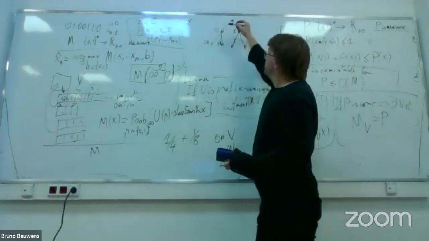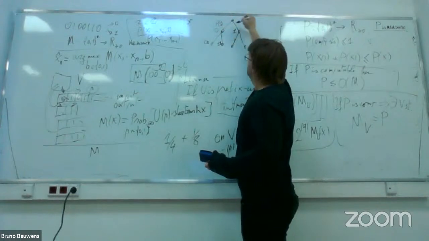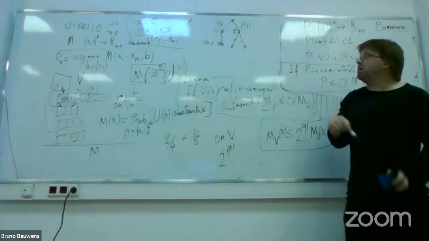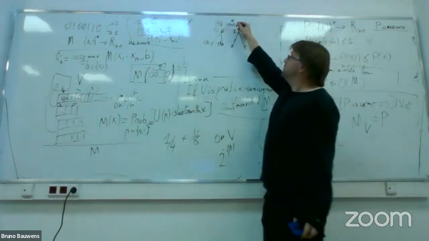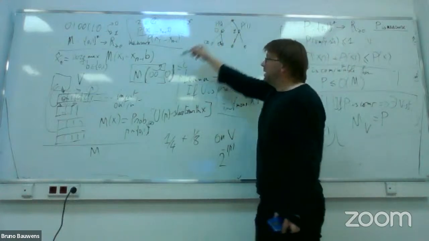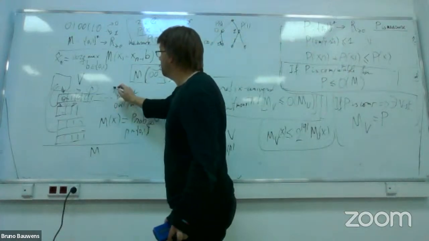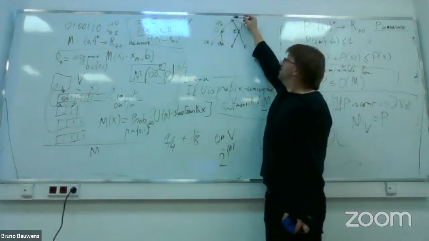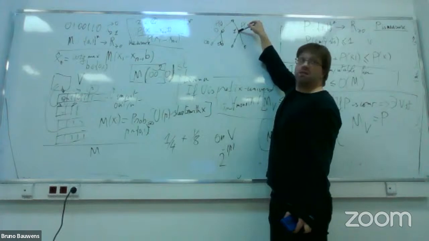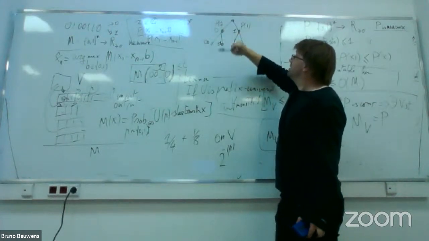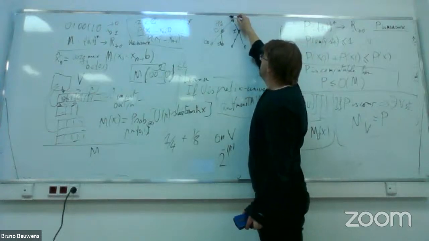So here we have P of 0, we have P of 1. And so the machine needs to decide whether the first bit is 0 or 1. It will just check whether this random value, small p here, is bigger than P of 0. If it's bigger, it will go in this branch. If it's smaller, it goes in this branch.